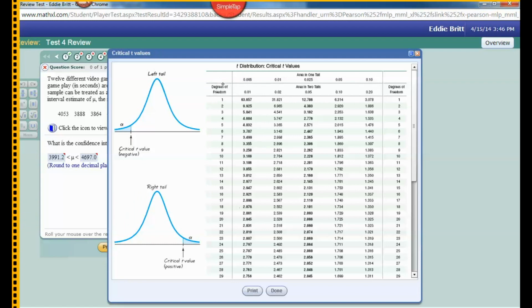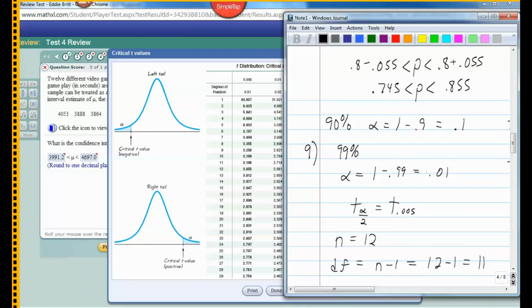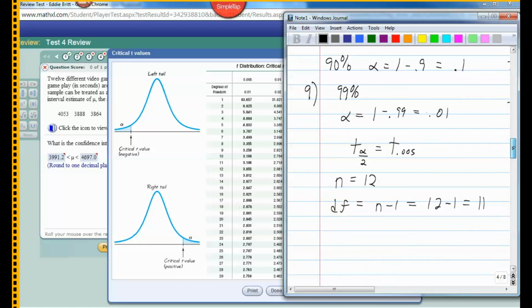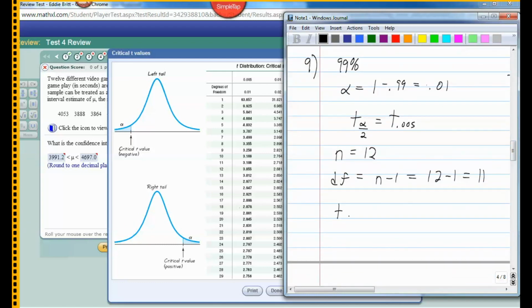Our degrees of freedom was 11, and so that gives us our critical t-score, 3.106. So our critical t is 3.106.